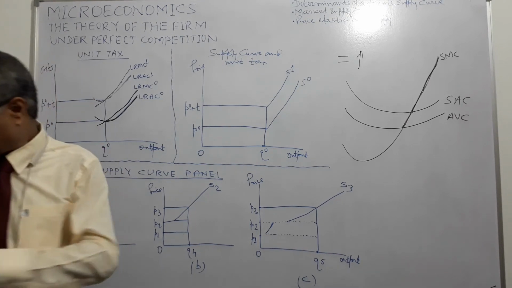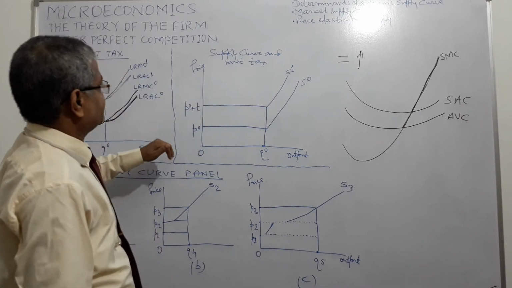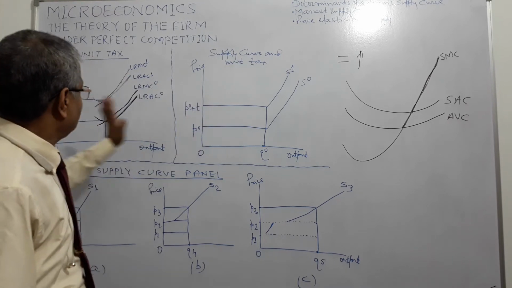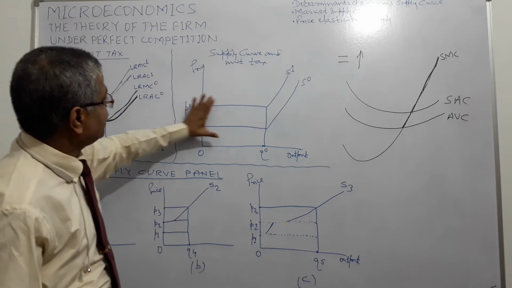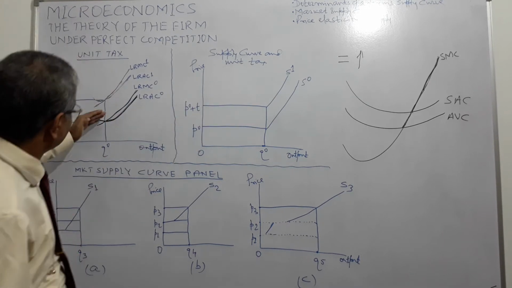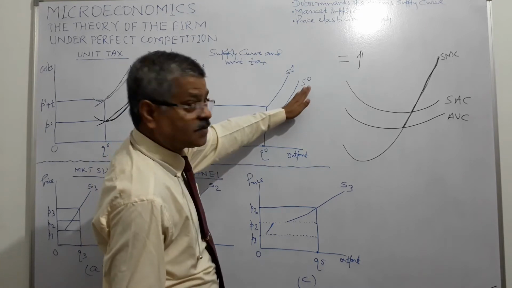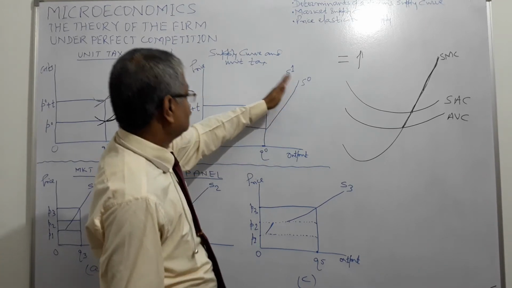So here you will see the supply curve and unit tax. This comes out of this one. Here a unit tax is imposed, and what happens to the supply curve? As we had discussed, this supply curve shifts left. So before the introduction of the unit tax, it is here. After introduction, it has gone to the left.